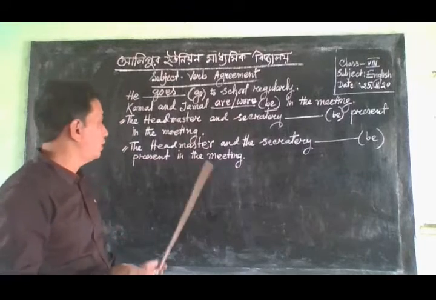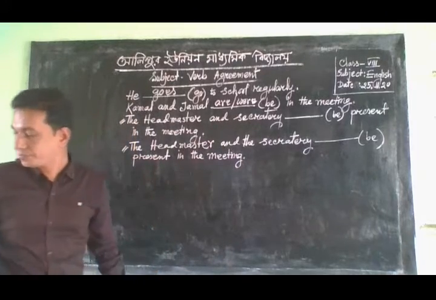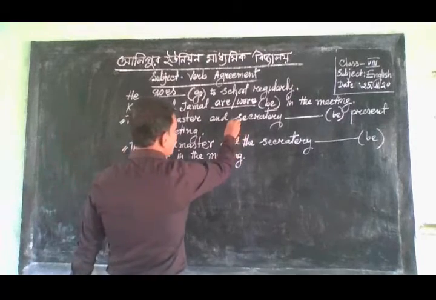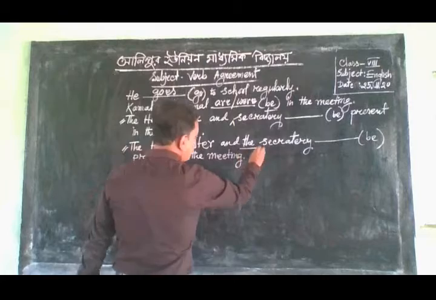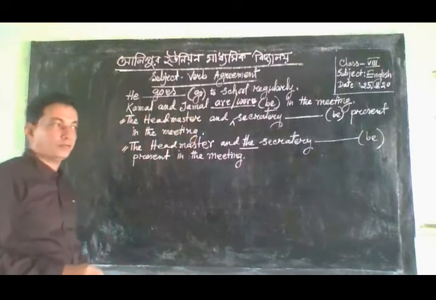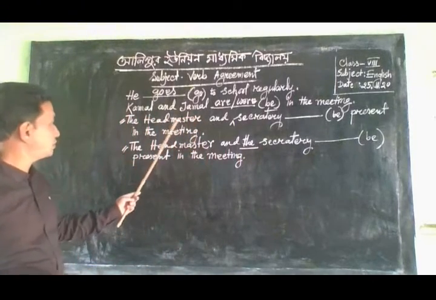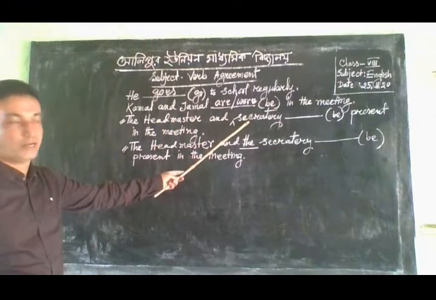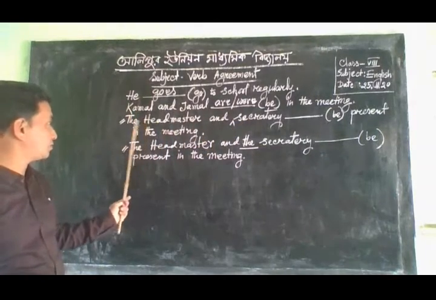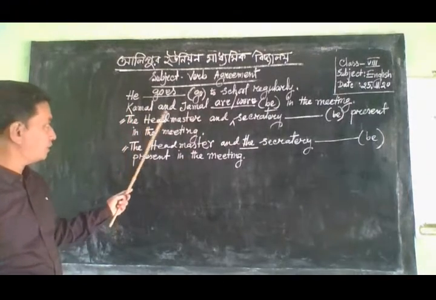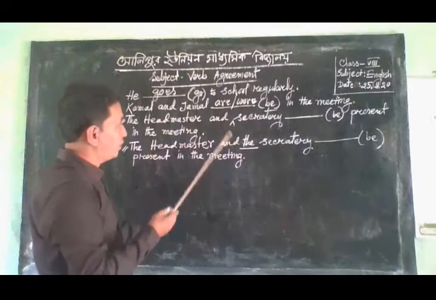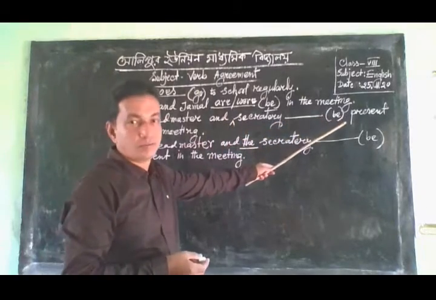Yes, the only difference is that here there is no article and here there is an article. In the headmaster and secretary, the second word does not take any article and the first word takes the article the. So the two words are the same person, so the verb should be singular.